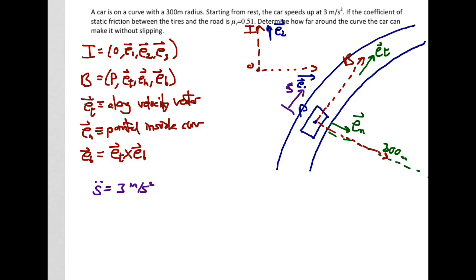And so we can integrate this, in which we get s dot is equal to 3t plus an initial s dot, which we already know, it's starting from rest, so this is 0. And then our position around the curve will be 3t squared divided by 2 plus our initial position. And we can set that equal to 0 too. Because remember, we don't really care about position. We only care about velocity or change in position when we're working with path coordinates.